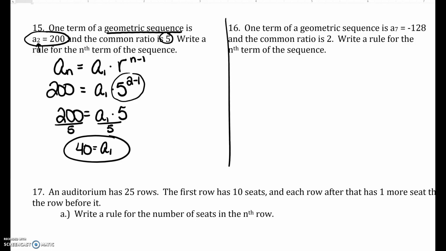Once you know that the first term is 40, now you can write a rule for the nth term. The nth term is the first term, which we now know is 40, times our common ratio 5 raised to the n minus 1. And the lovely thing about geometric sequence rules is that you don't have to do any extra work. It's just, bam, done.